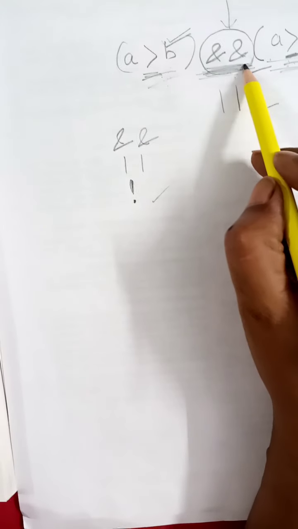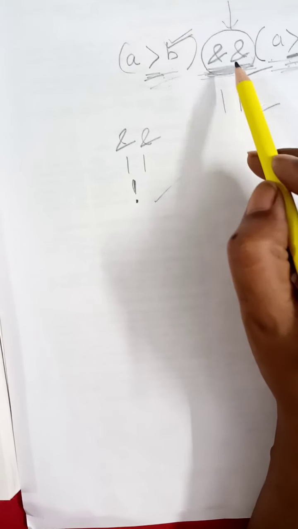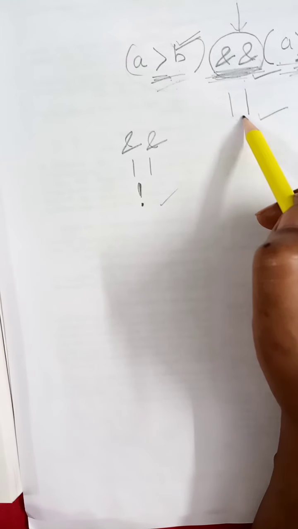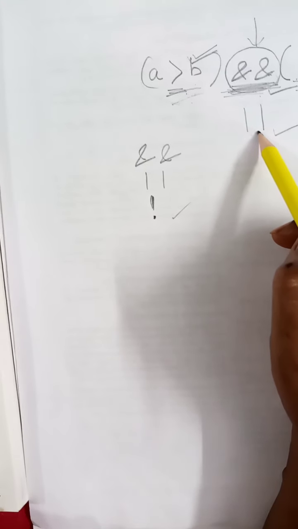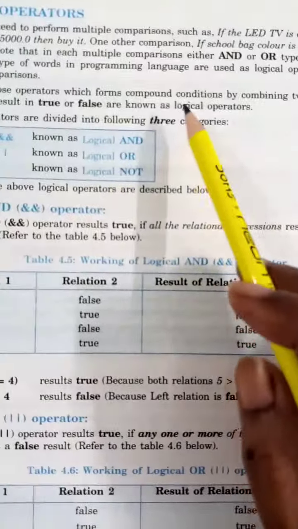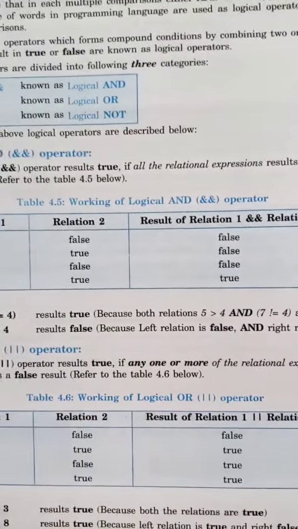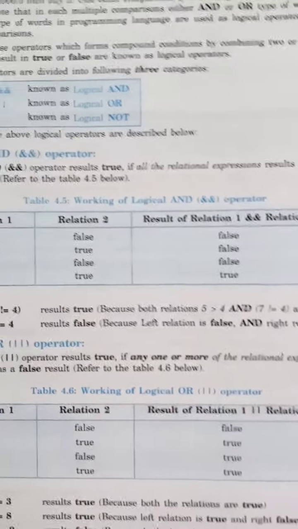Which one you will be using will be based upon your program's requirement. So simply, logical operators form compound conditions by combining two or more relations, and return a Boolean result.